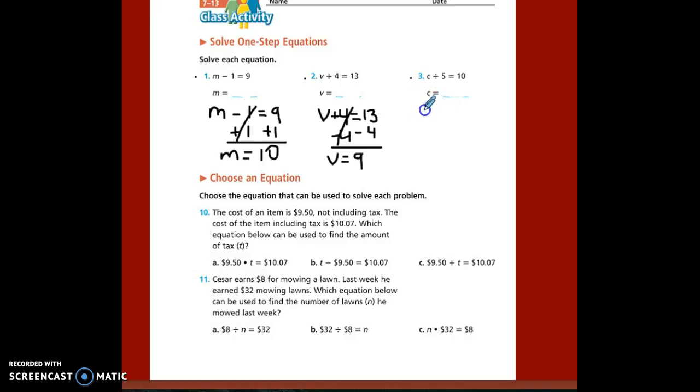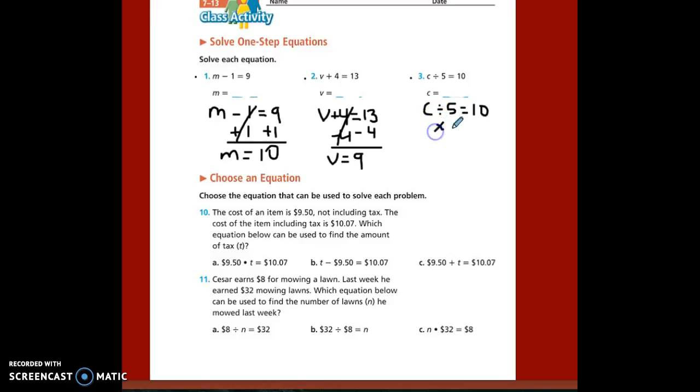All right, so if I do c divided by 5 equals 10. And again, I start by thinking about, okay, what is the opposite operation? So in this case, because I want to get c by itself, my operation is division, and the opposite of division is multiplication.